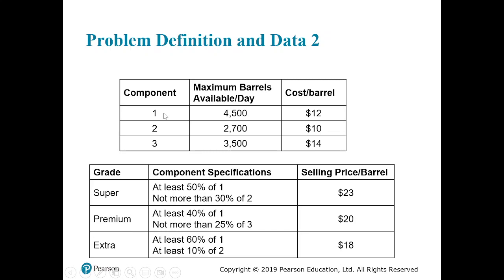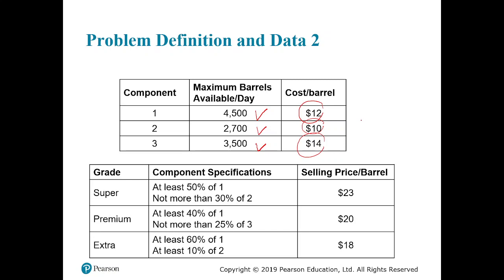The first component, the cost per barrel is $12. The second component is the cheapest one, $10, and the most expensive one is component number 3. And the maximum availability of component 1 is 4,500 barrels, and this is the maximum number of barrels for each of the other components.